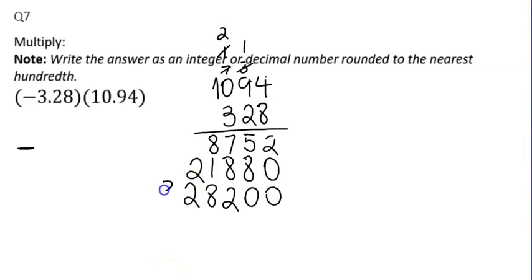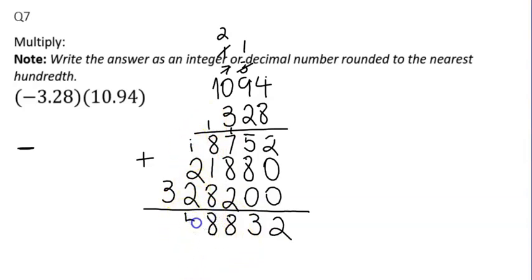And then 3 times 1, 3. Now I add. 2, 13, goes 1. 15, 16, 17, 18, goes 1. 10, 18, goes 1. 5, and 3.